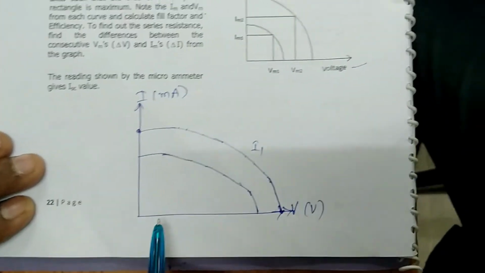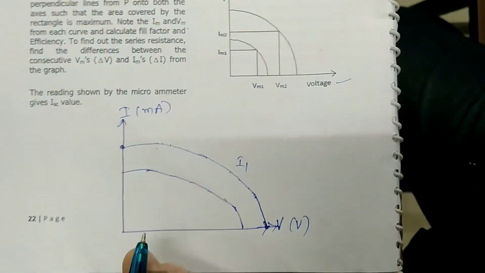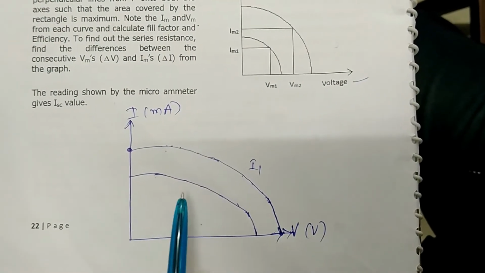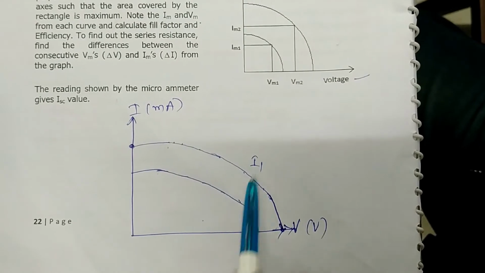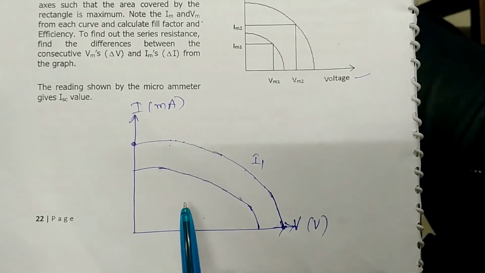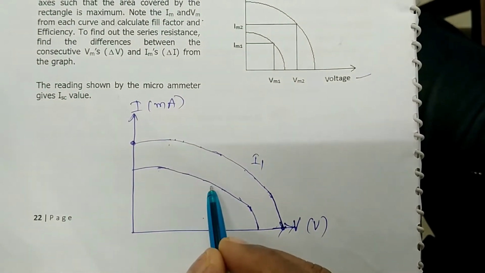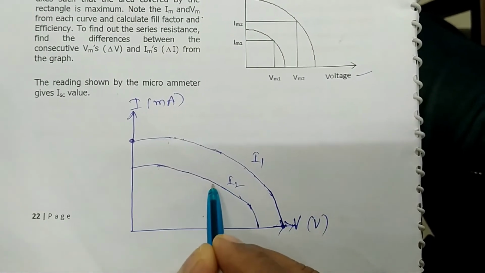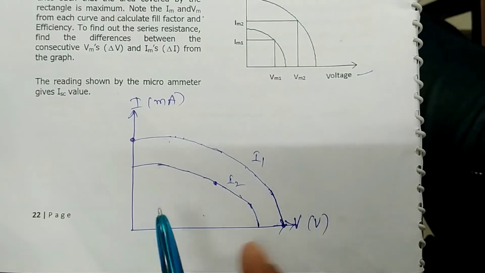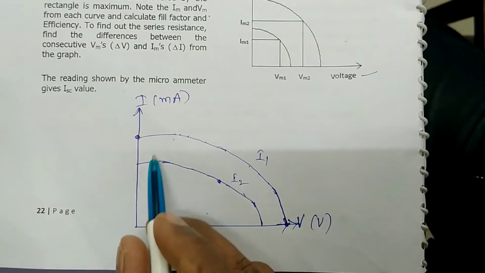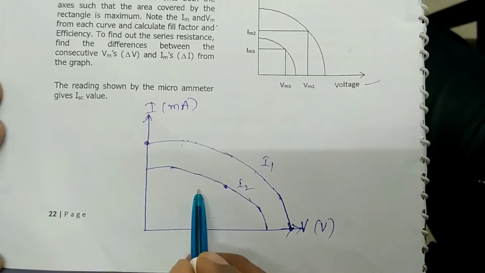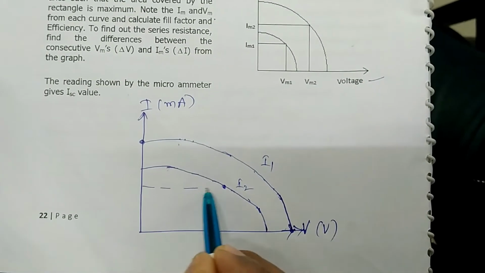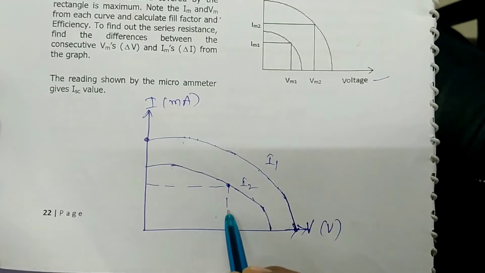And after drawing these two, you have to find out the maximum area inscribed, by choosing a point on this curve I2. This is a point. It will not be at the center also, because you have drawn it on a graph. You count the maximum length and also height, and then drop the perpendiculars to the x and y axes.